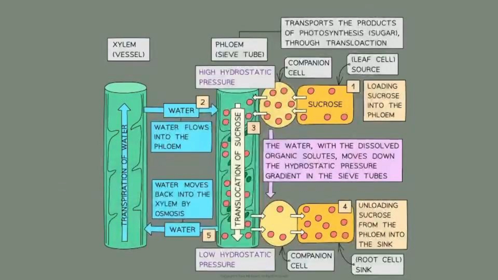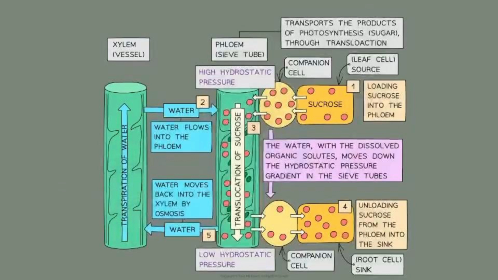This causes the movement of water with the dissolved solutes down the hydrostatic pressure gradient in the sieve tubes through the phloem, and then at the bottom, once it's reached the sink, there is a lower hydrostatic pressure. Water will move back into the xylem via osmosis. Companion cells will then unload the solute, and the sucrose or whatever the assimilate is will reach the sink.